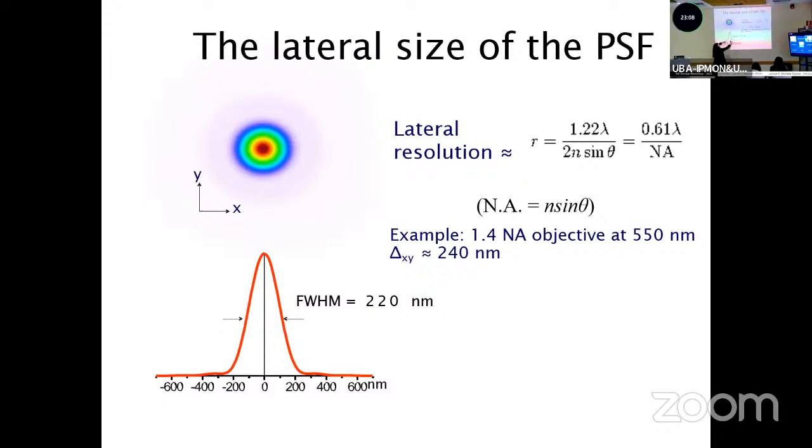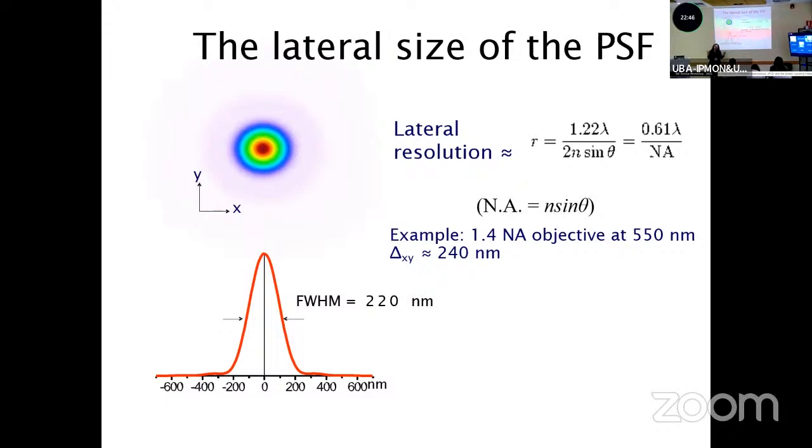Others use another variable called 1 over e squared. In this equation, the lateral resolution is proportional to two main things: the wavelength of light and the numerical aperture of the objective. The numerical aperture of the objective is n sine theta.